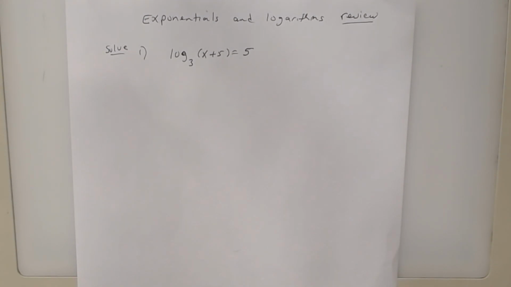I want to solve this equation. So I want to find out what value of x, when I substitute that into the argument and take the log of that base 3, will make the left side equal to 5? That's what I'm interested in.